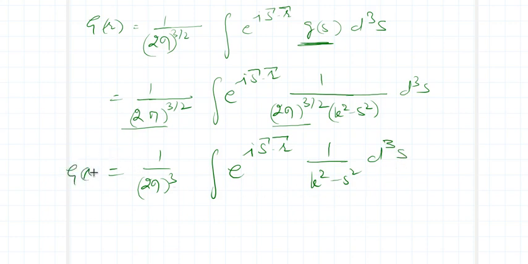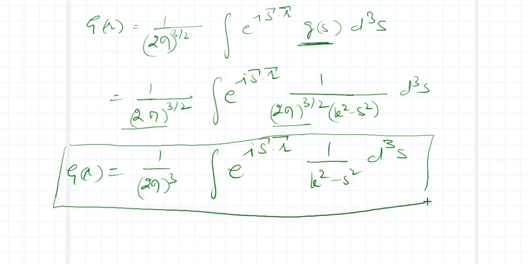So this is the Green function, and let me call this equation number 7.